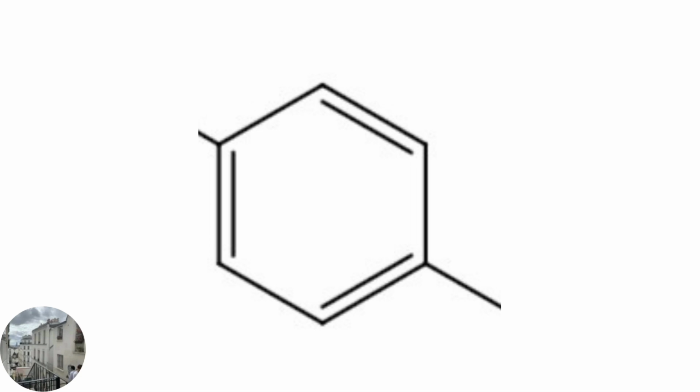This is made of 6 carbon atoms arranged in a ring with alternating double bonds. Benzene rings are very stable because electrons are shared around the ring. They are commonly found in medicine, plastics, dyes, and many natural compounds.